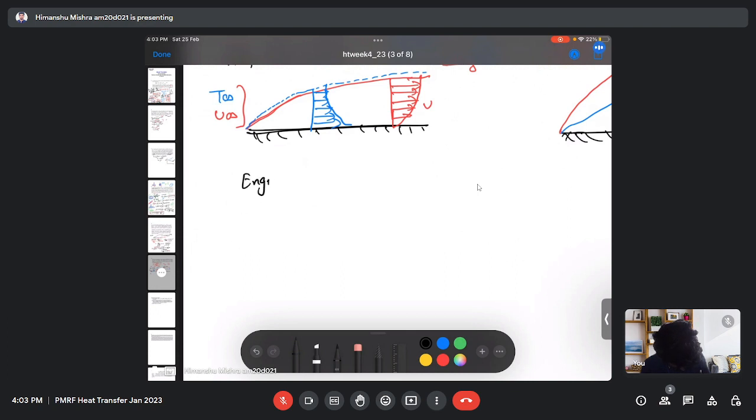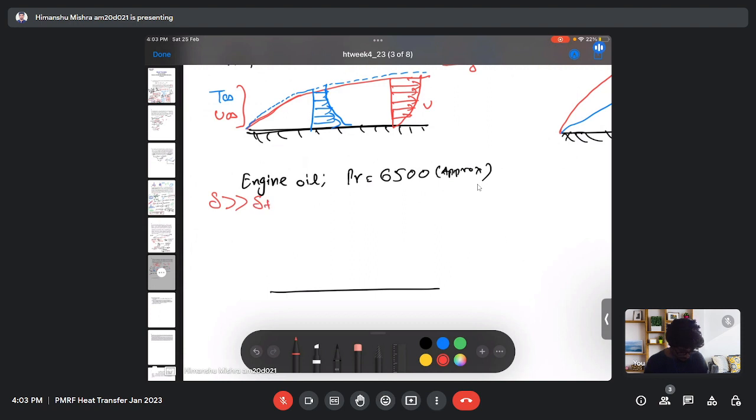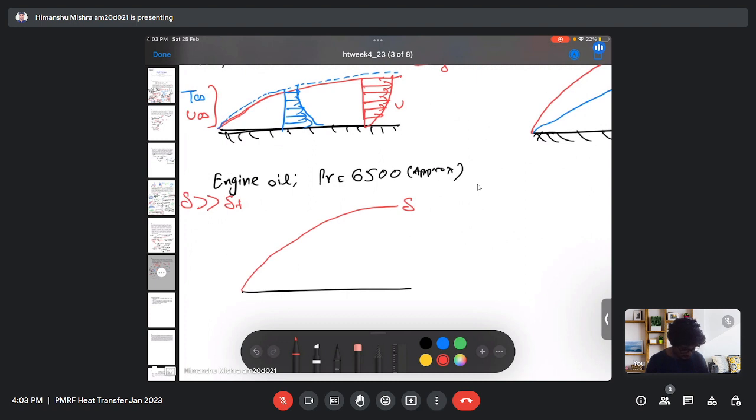For engine oil, my Prandtl number is around 6500 approximately. So in that case, again, my hydrodynamic boundary layer will be very, very much larger than my thermal boundary layer. So if this is my hydrodynamic boundary layer, then comparatively, this will be my thermal boundary layer.